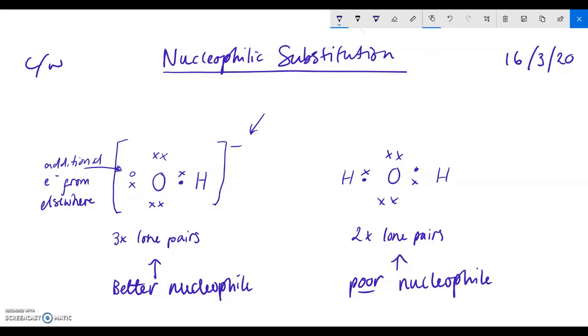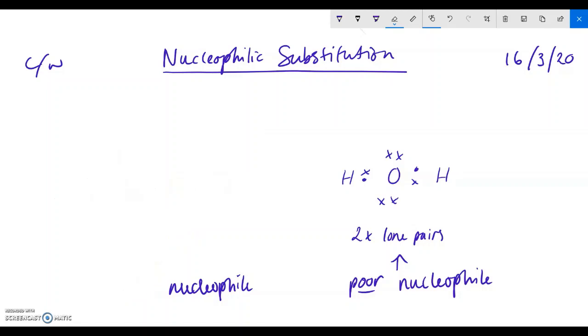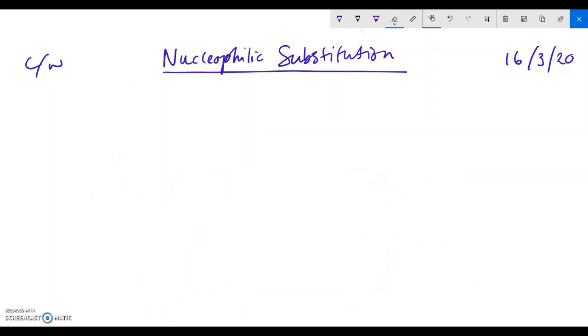Right, now that all said and done, let's go on to have a look at how the mechanism for the reaction between water and a halogenoalkane differs from the reaction between a halogenoalkane and hydroxide ions.